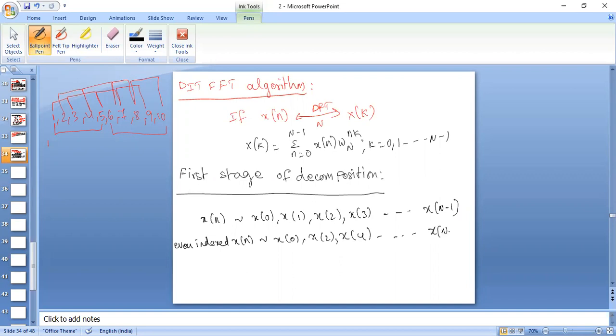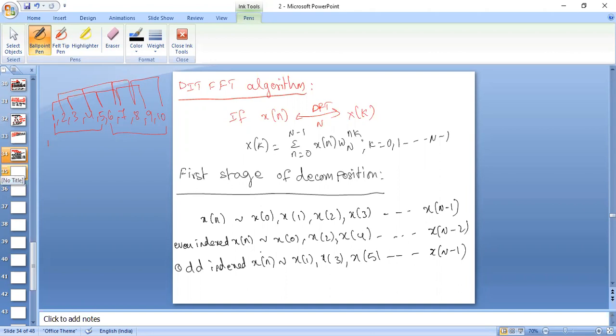The last one would be x of n minus 2. And the odd indexed sequence should be x of 1, x of 3, x of 5 and so on, x of n minus 1. This is how we are going to split the actual x of n here.